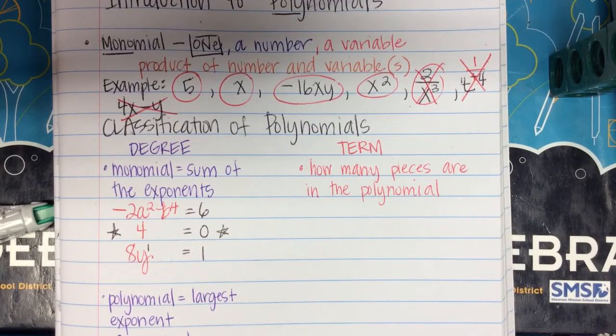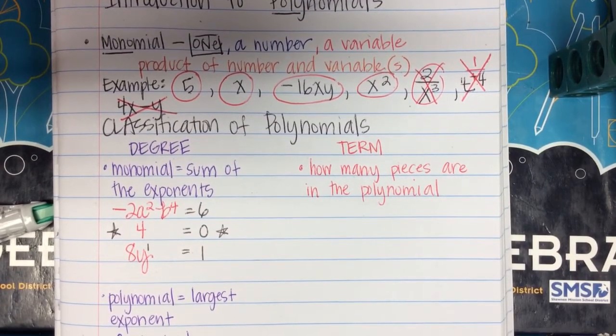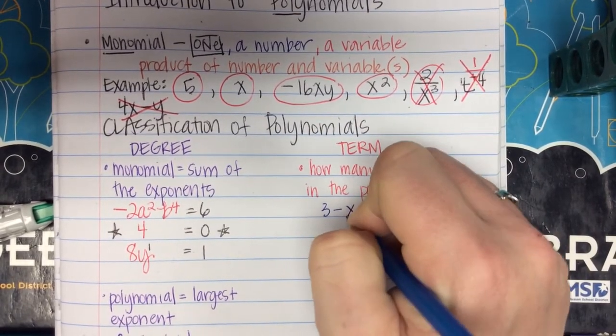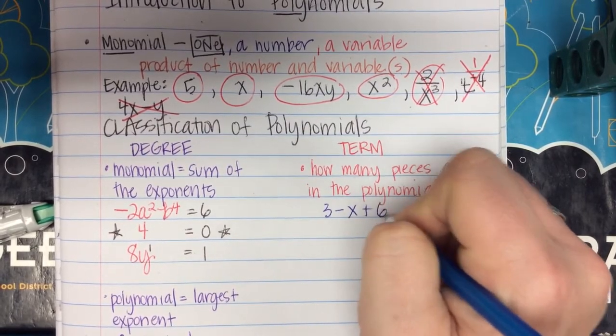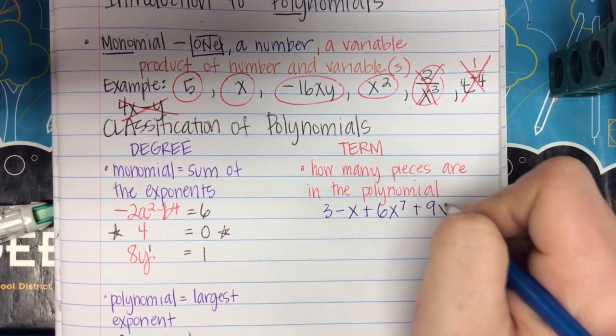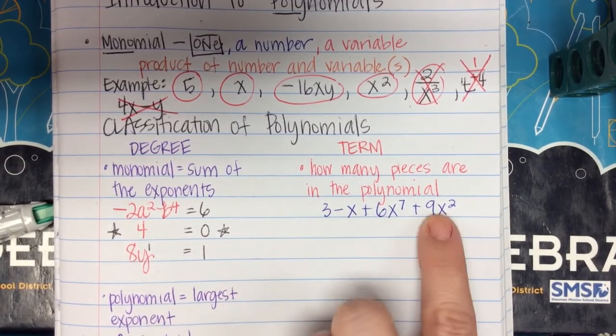So can I give you an example? 3 minus x plus 6x to the 7th plus 9x squared. How many terms, how many pieces are in this math problem?